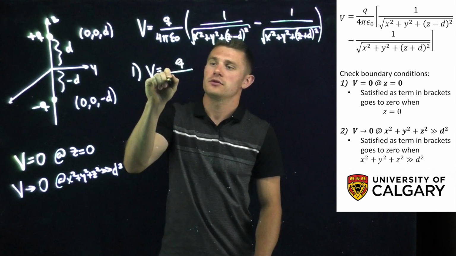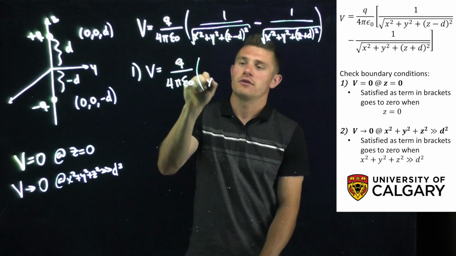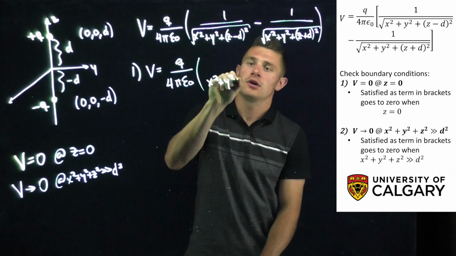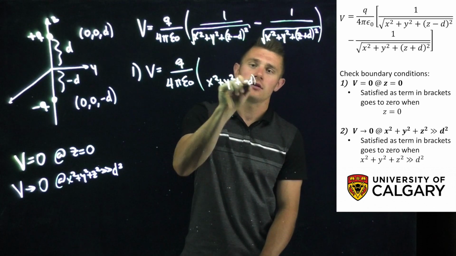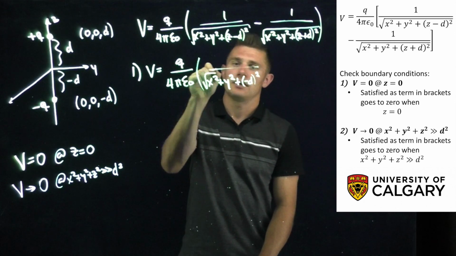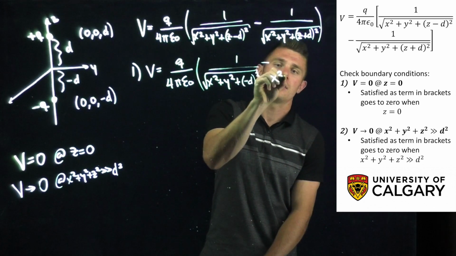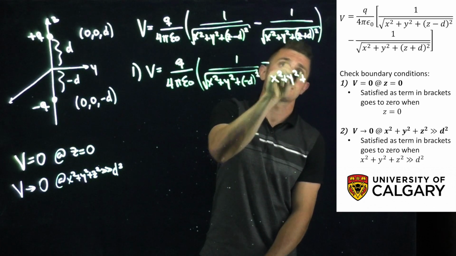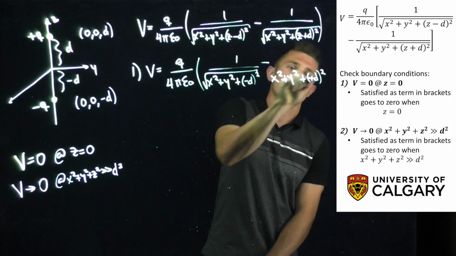Let's check it. So q over 4 pi epsilon naught, big bracket, we have 1 over the square root of x squared plus y squared plus 0 minus d squared, which will just give us negative d squared, which of course is just positive d squared, but we can leave it like so for now, and we're going to subtract off 1 over the square root of x squared plus y squared plus 0 plus d squared, so we get a plus d squared.